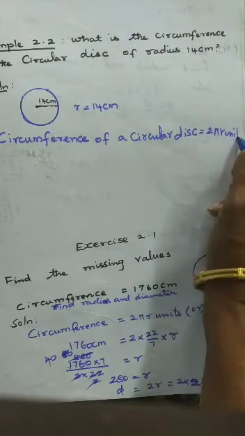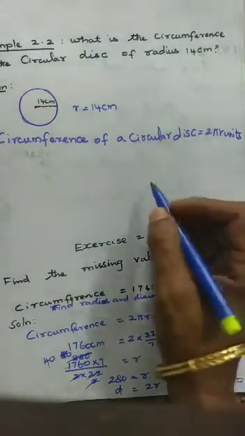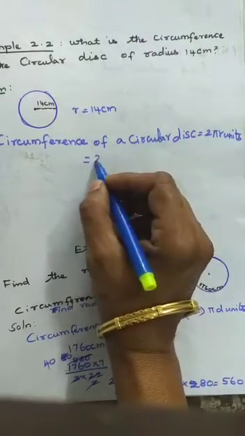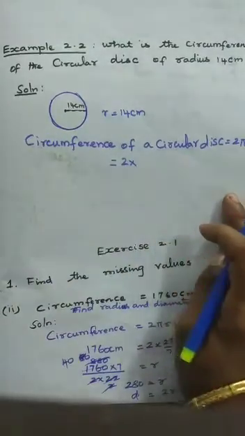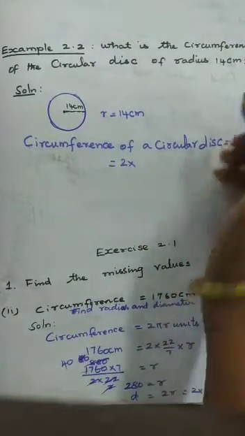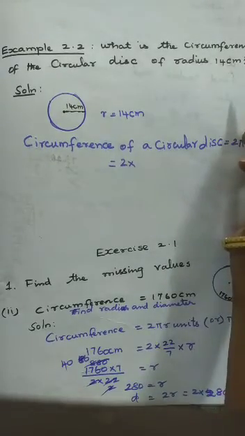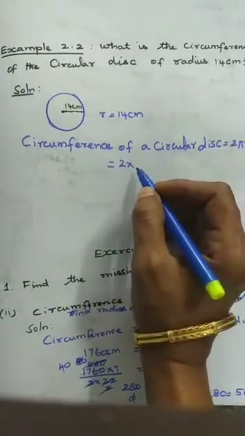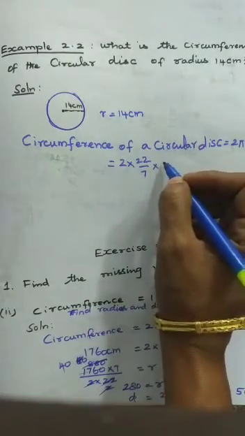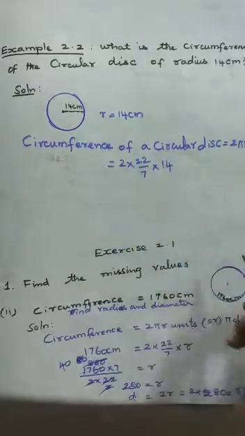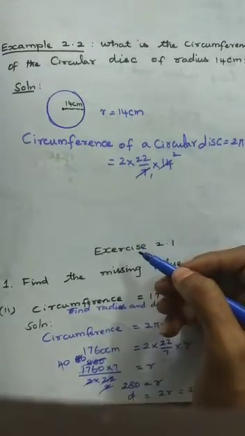Here they have given the r value. So we take the formula 2 pi r units. So 2 into, here you have to take pi as 22 by 7. Both are the same. You divide 22 by 7 and it comes as 3.14. So we can take 22 by 7 into r, 14. So you can cancel. 1 7 is 7, 2 7s are 14.